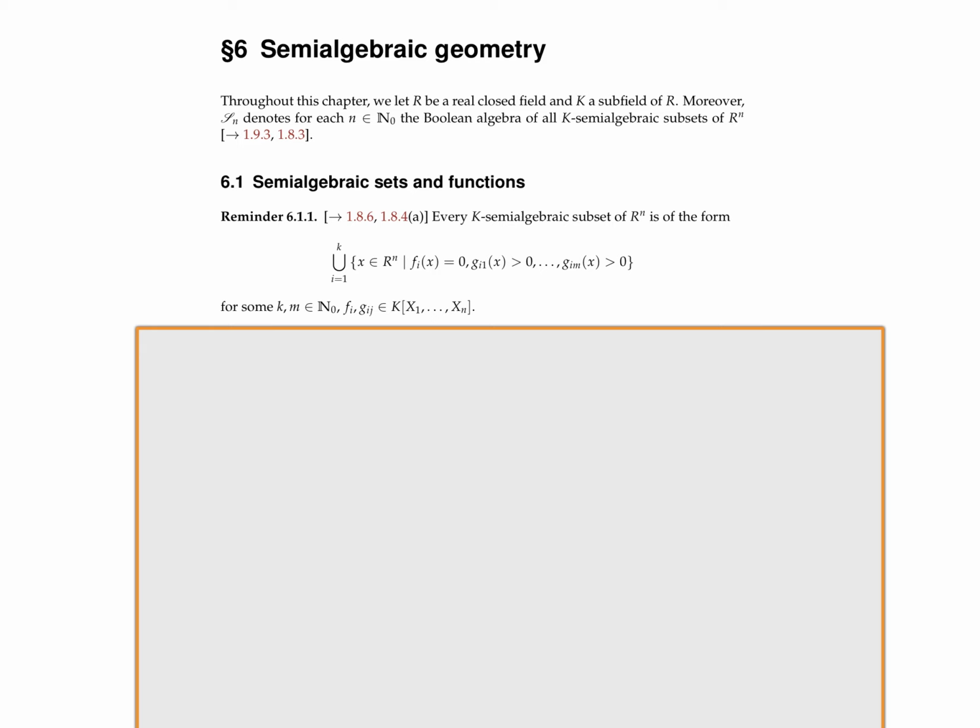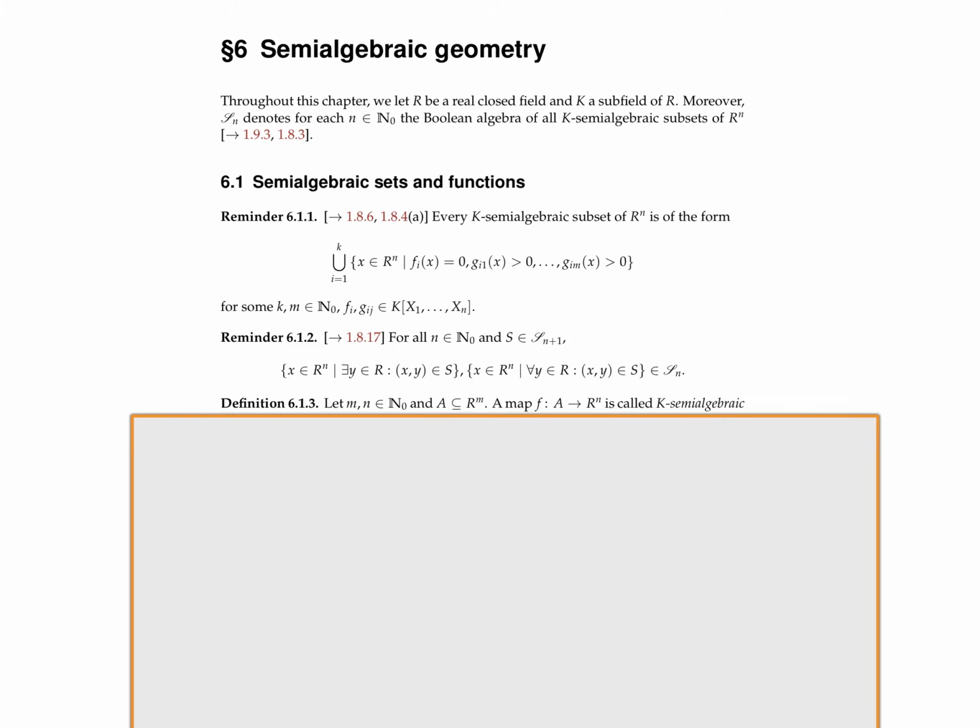These equations and inequalities are over K, so the polynomials here are over K. That's why we call it a K-semi-algebraic set. That was of course one of the first results which we had at that time for semi-algebraic classes, but in particular for K-semi-algebraic sets.